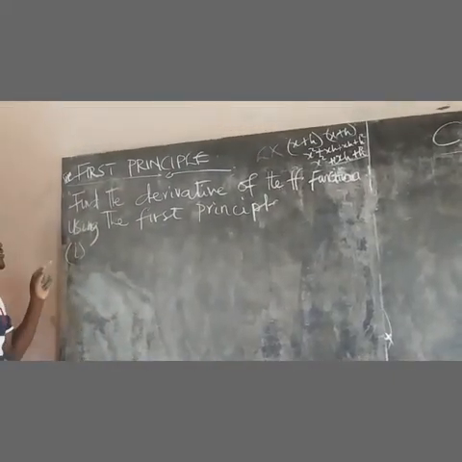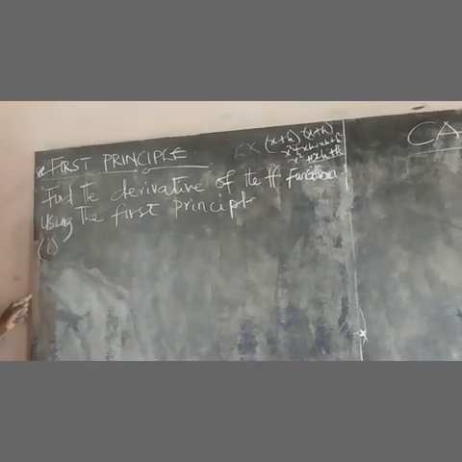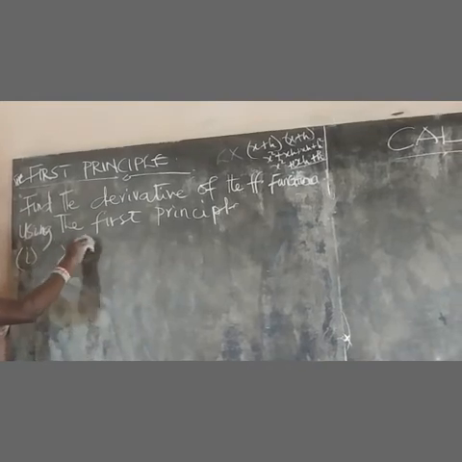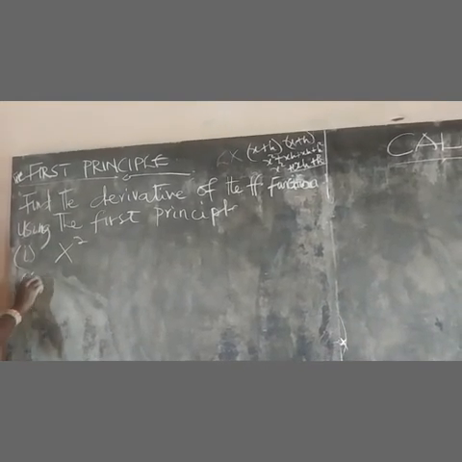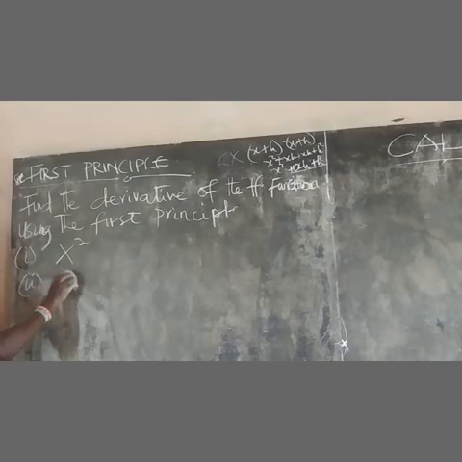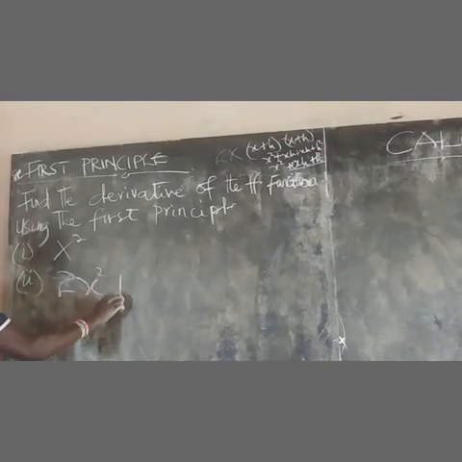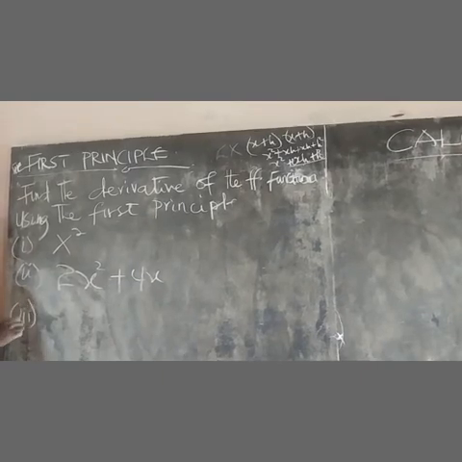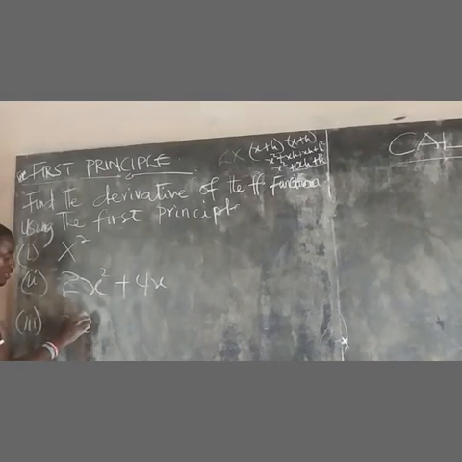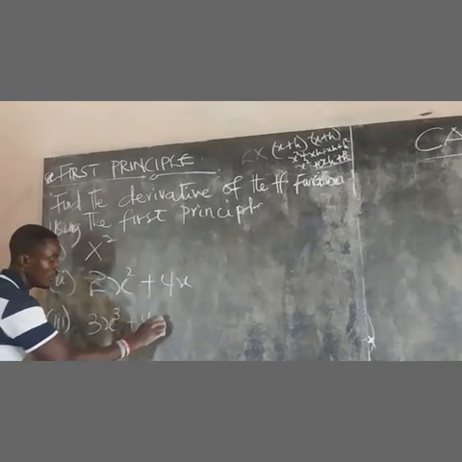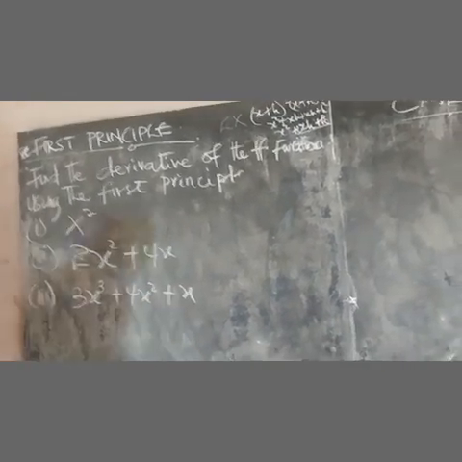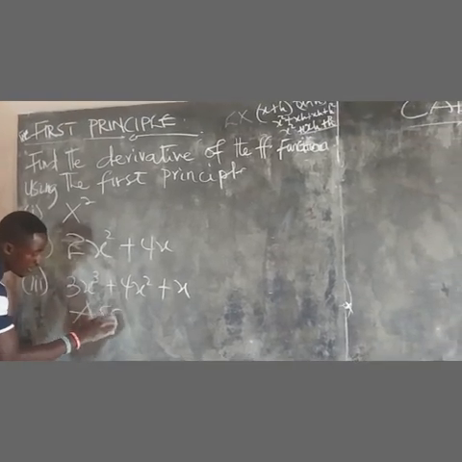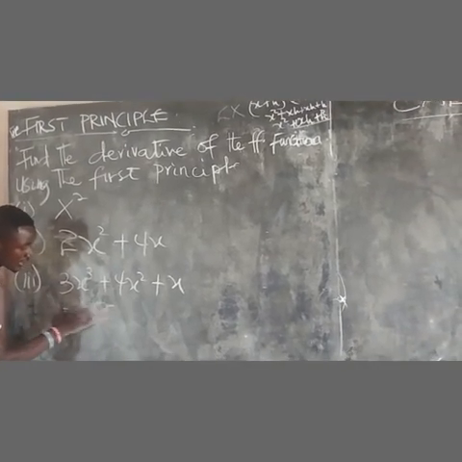Okay, so find the derivative of the following functions using the first principle. x squared, 2x squared plus 4x, 3x cubed plus 4x squared plus x. Okay, so that is for assignment. Let me see, try test.